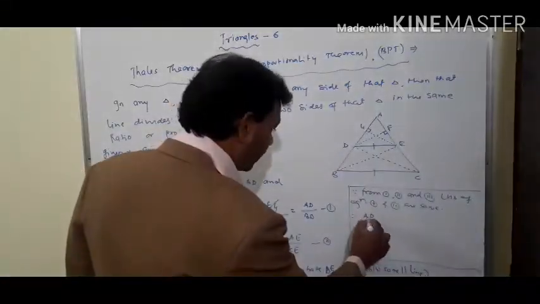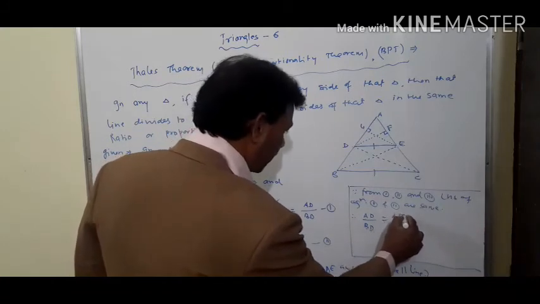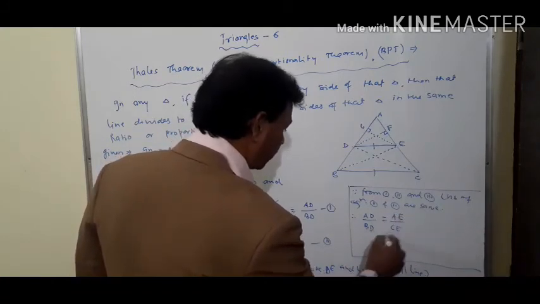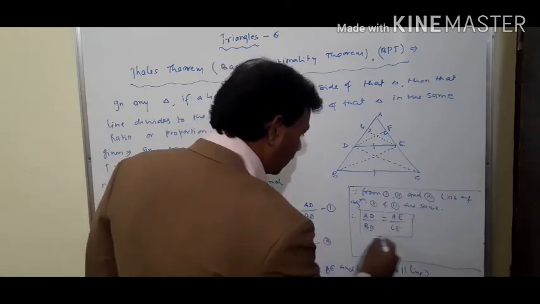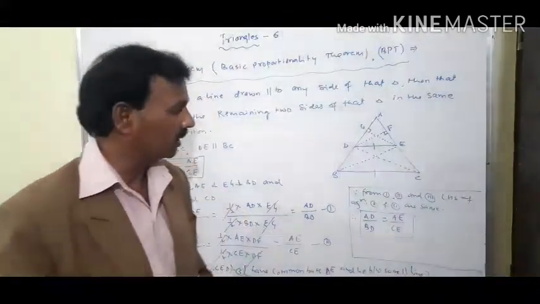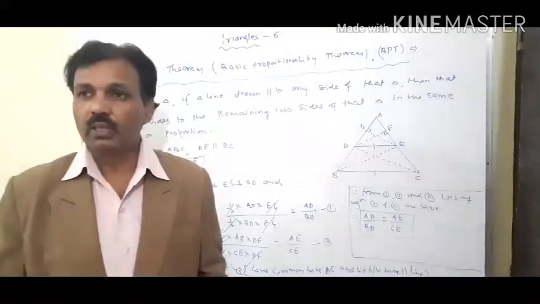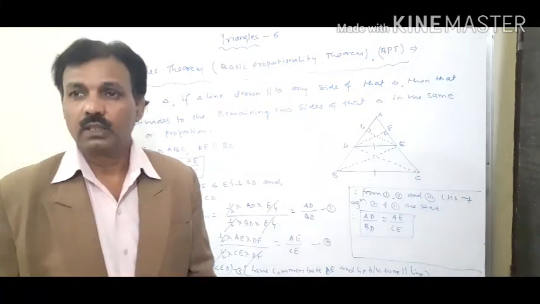That means AD upon BD equal to AE upon CE. This is the Thales theorem, or the result of the Thales theorem. There are many other forms of the Thales theorem. We will discuss this in the next video.